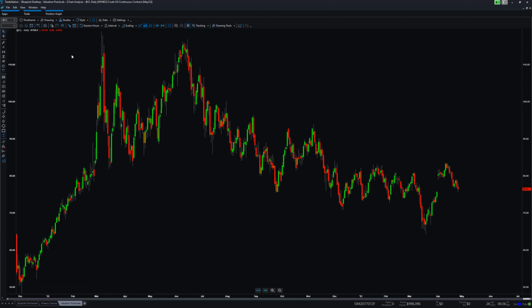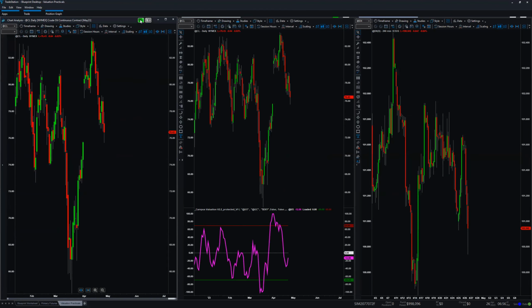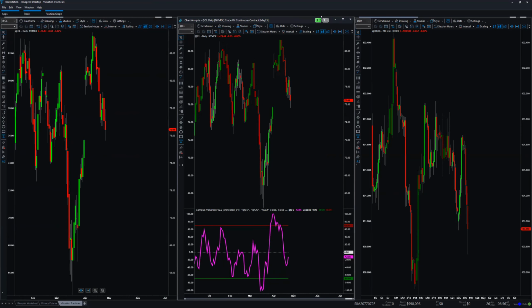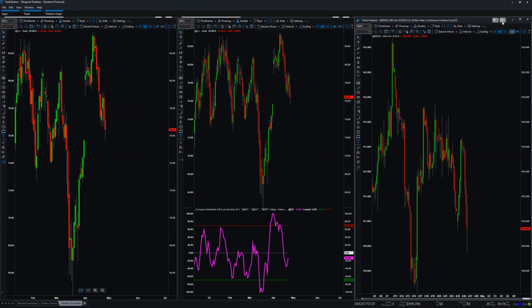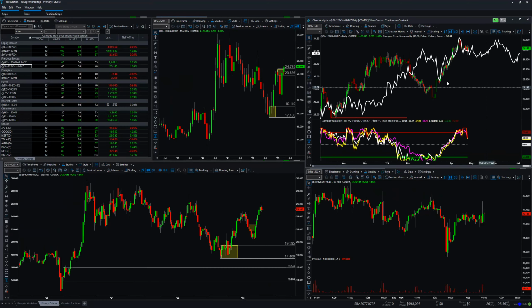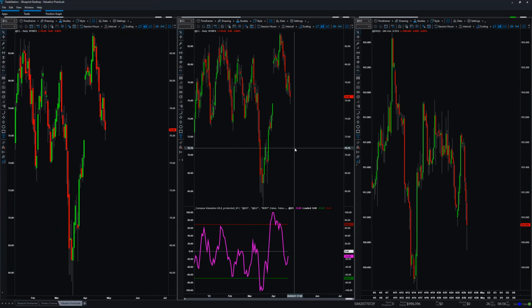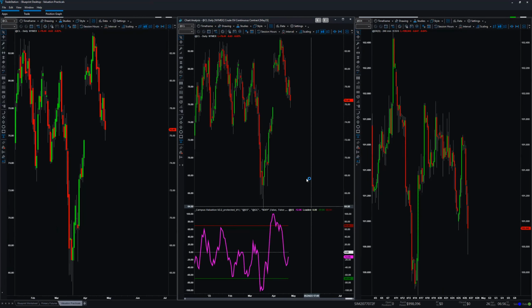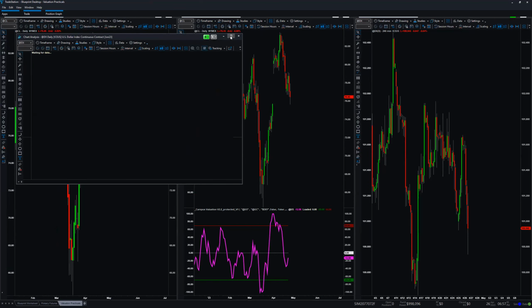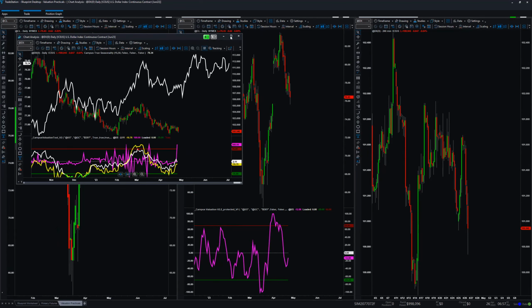Okay, hold on a second. I just don't want to mess up my worksheet here, so I'm just going to use this window. Perfect.